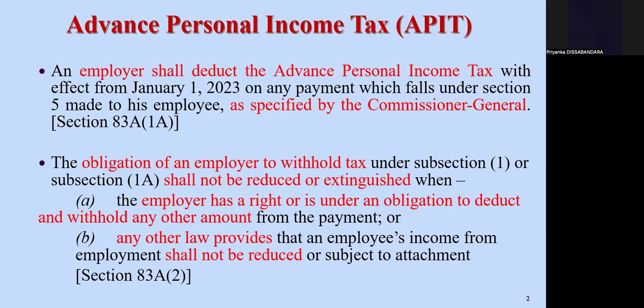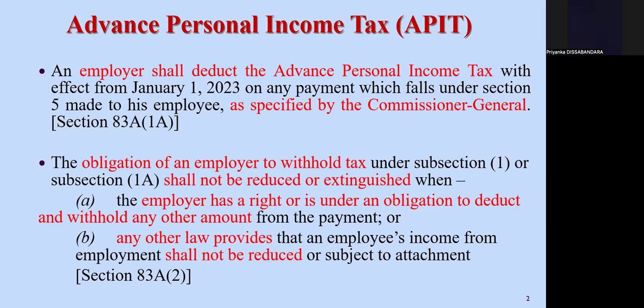After that, from January 1st, 2020, the withholding tax on employment was abolished. So it was not in the system. Therefore, for that period, withholding tax was not deducted from the employment income.